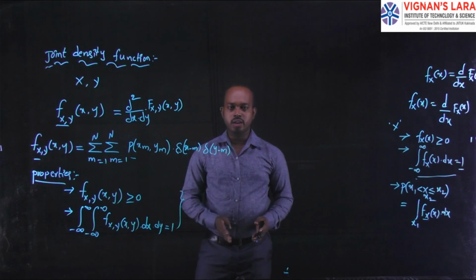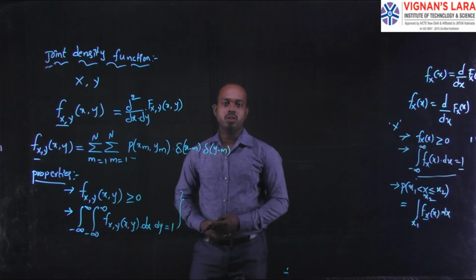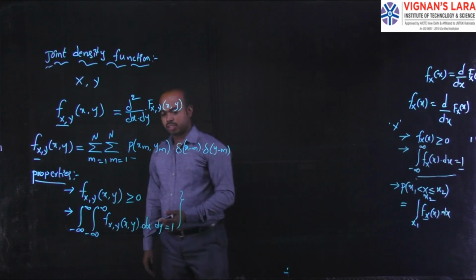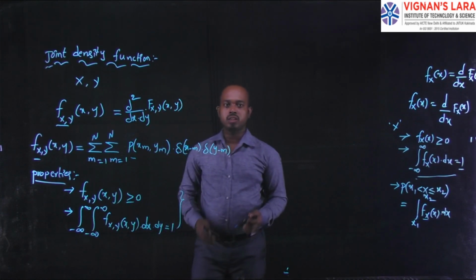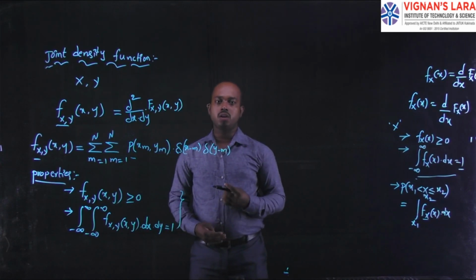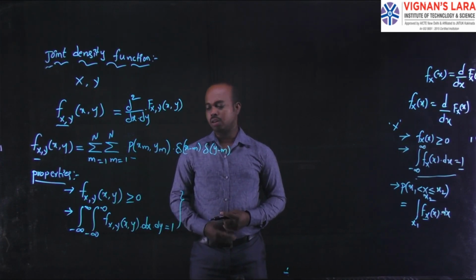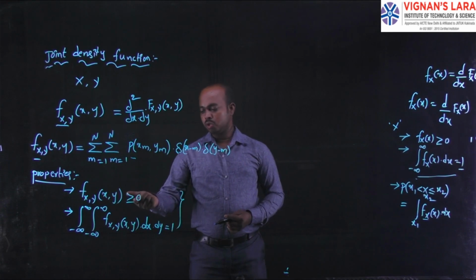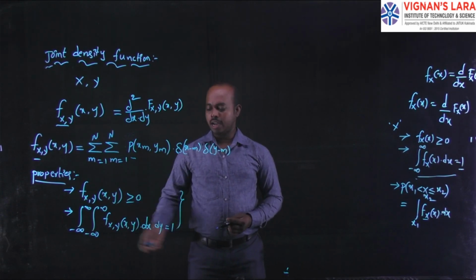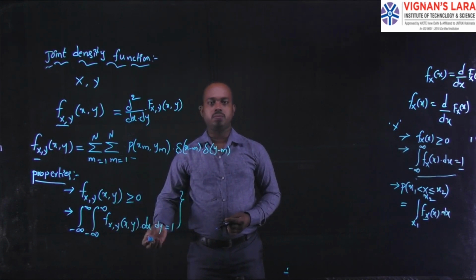Otherwise, the area under the joint density function is equal to 1. These two are essential properties when checking whether a given joint density function is valid or not. You can check it by using these two conditions. One is greater than or equal to 0, and the second one is this one.